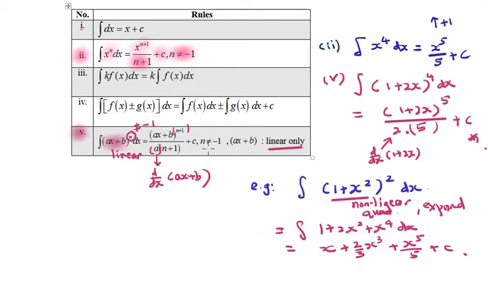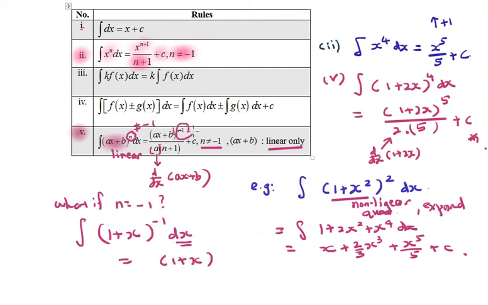Okay. Then why does this rule exclude n is negative 1? What if n is negative 1? For example, (1 plus x) raised to power negative 1 with respect to x. If we apply this rule, what will happen is we increase the power by 1, so negative 1 plus 1 is 0, and divide by n plus 1, actually, sorry, negative 1 plus 1 is 0.